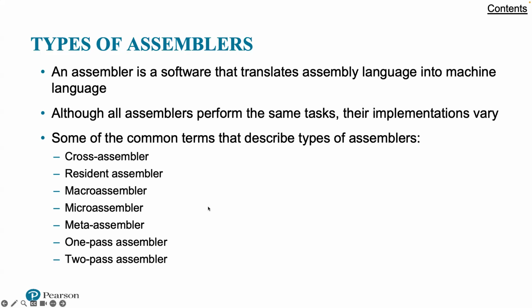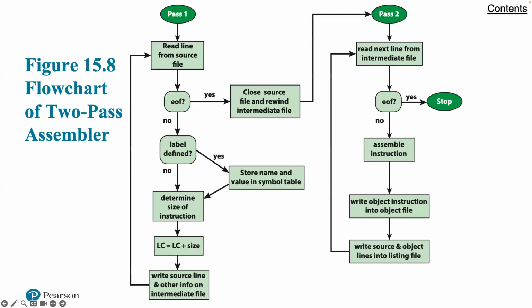So there's various kinds of assemblers. Sometimes they're single pass, sometimes they're multiple pass. You have to compile things from assembly language into machine code. Then you have to put libraries together. All of those are the kinds of things that need to take place. This flow chart just gives you an idea of what's taking place for a 2-pass assembler.